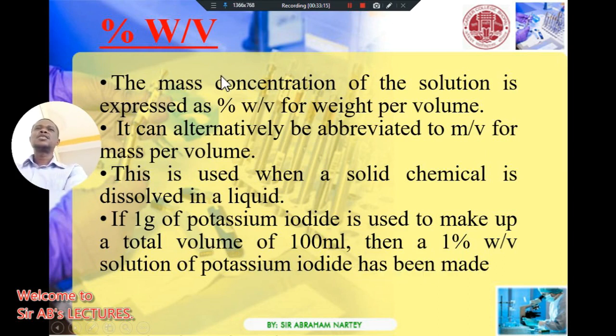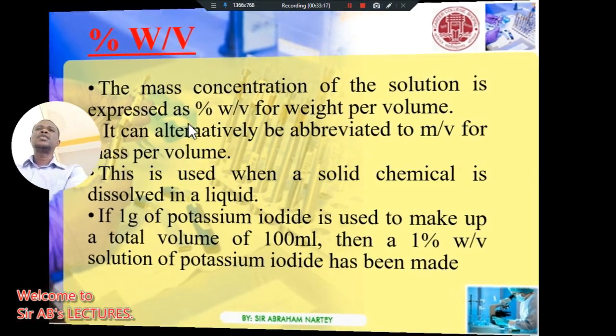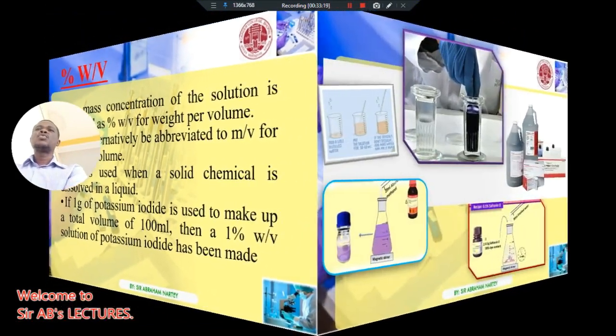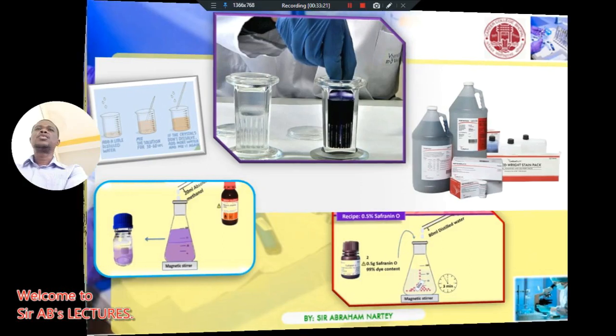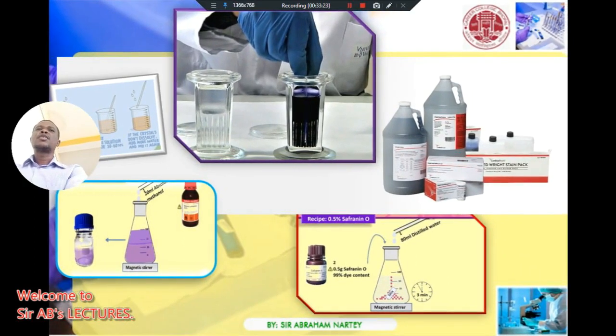So in this case, when you understand all of this, then we say that you are a very good laboratory technician. You understand your terms, you will be able to prepare solutions, stains and dyes and everything, so that you can confidently work in any laboratory, whether we have pre-made solutions, stains or dyes, or they are out of stock.